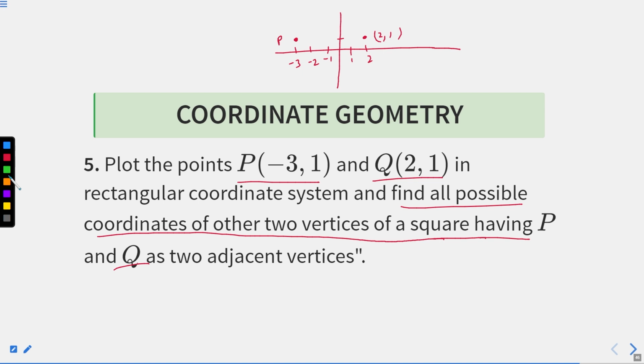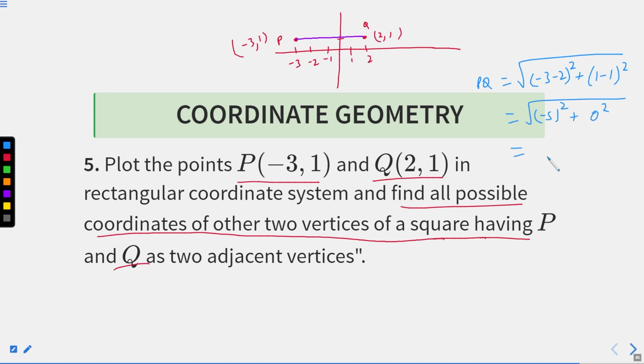Okay. So how can we make a square? So we know this distance. What is the distance? From the distance formula, here is Q, here is P -3, 1. PQ distance is equal to root of (-3 - 2) squared plus (1 - 1) squared, which is equal to root of (-5) squared plus 0 squared, which is equal to root 25, which is equal to 5.